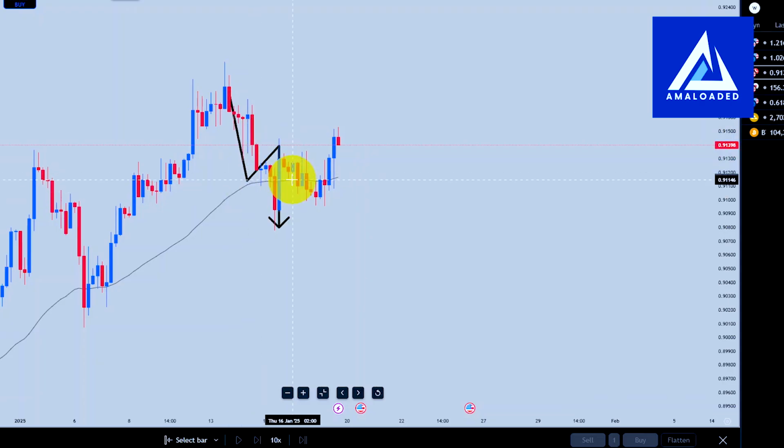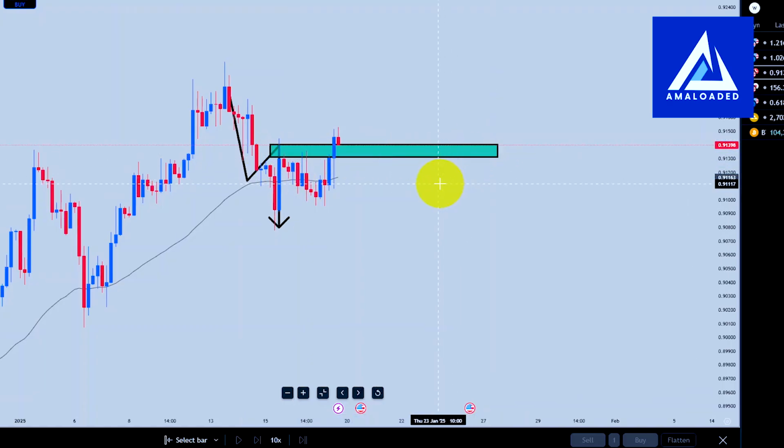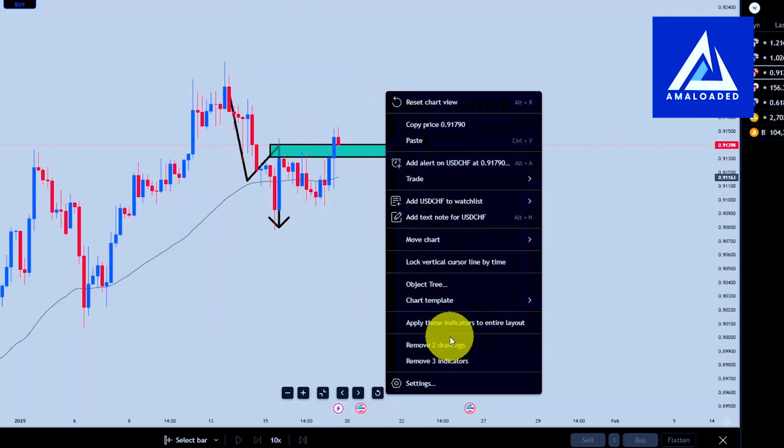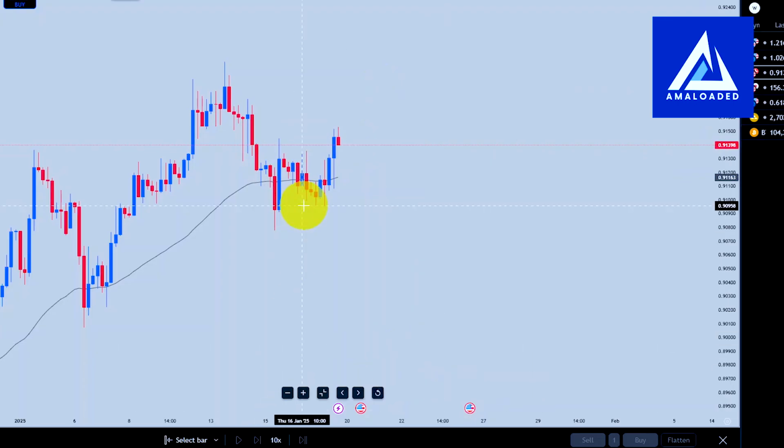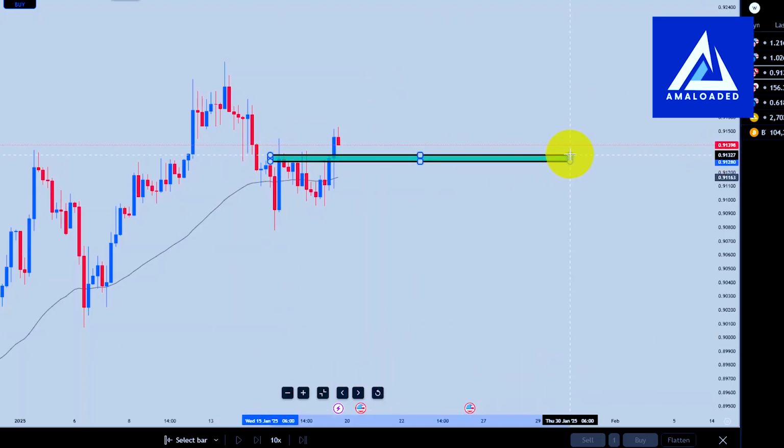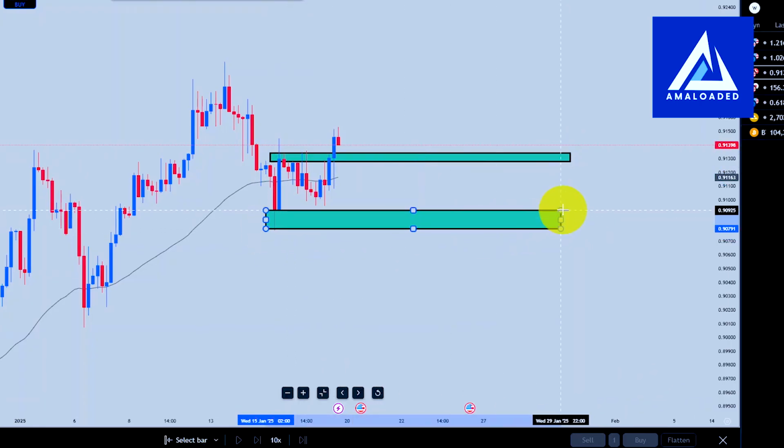Remember, I told you in a bearish market, the last lower high must be protected. In a situation whereby the price is now trading above the last lower high, that shows that the sellers are no longer in charge of the market. Right now, the buyers are the ones in charge of the market because the last lower high has been taken out. Now, what we have to do is also protect the last low during this bullish market condition.